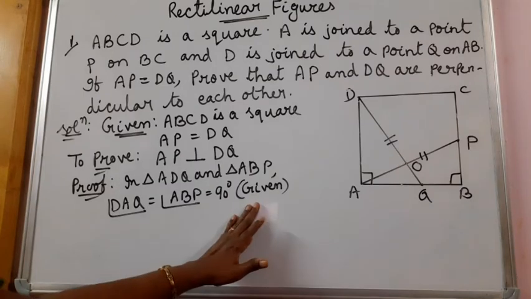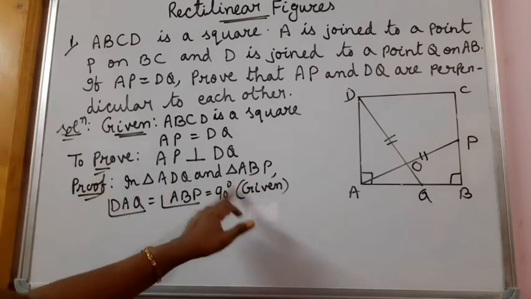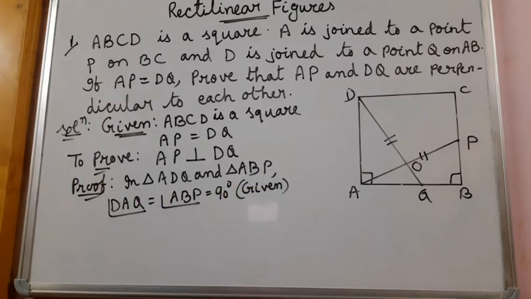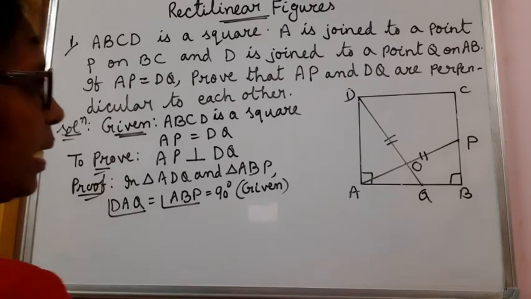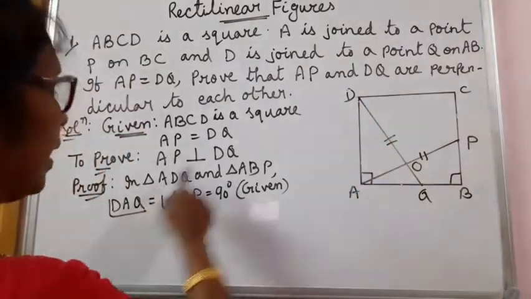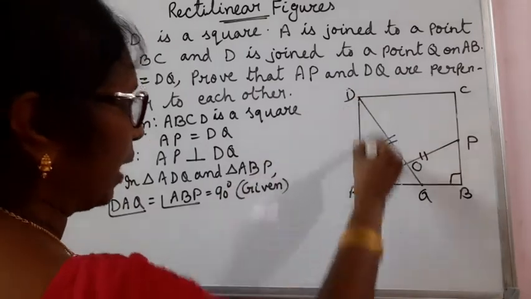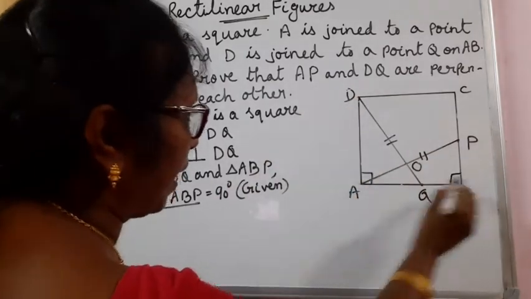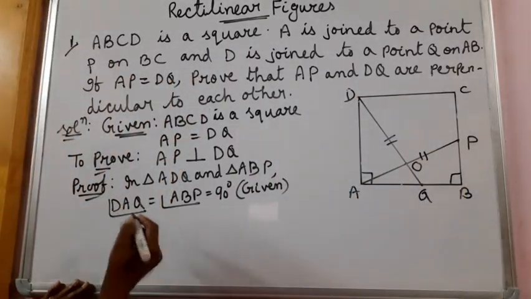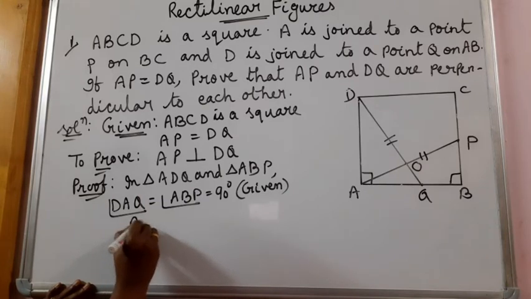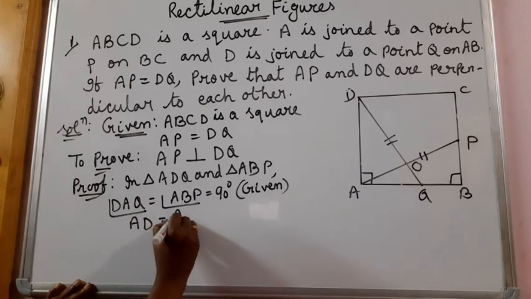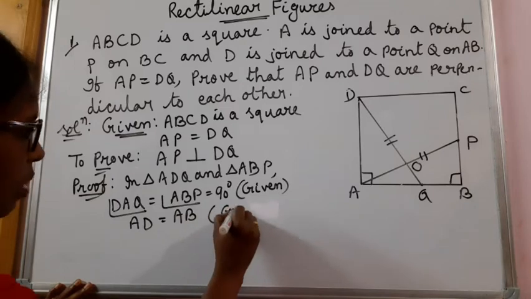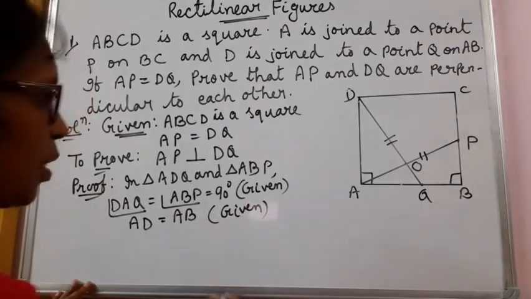The reason is to be written inside brackets. And also, we know that AD in triangle ADQ and AB in triangle ABP are equal because they are the sides of the square. AD is equal to AB, that is also given because ABCD is a square.